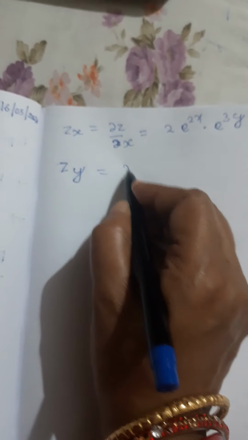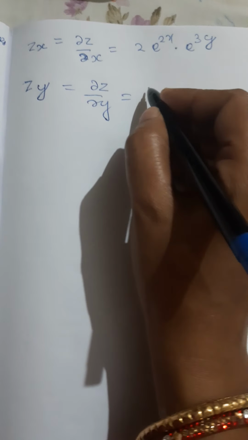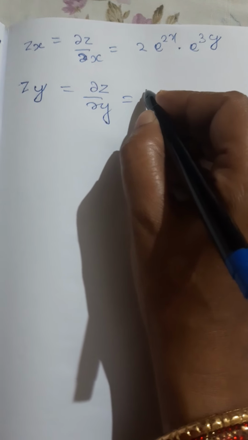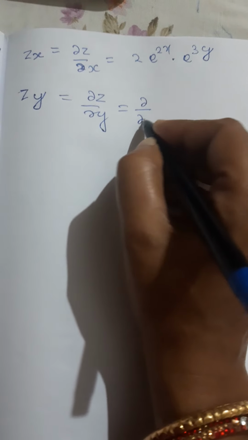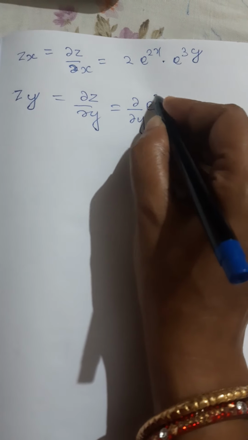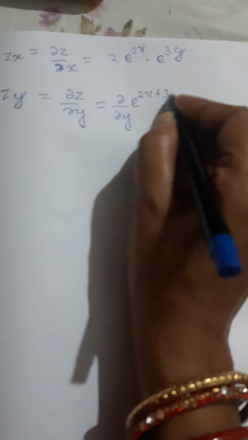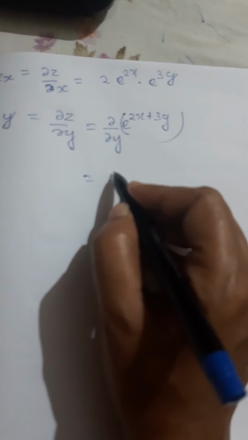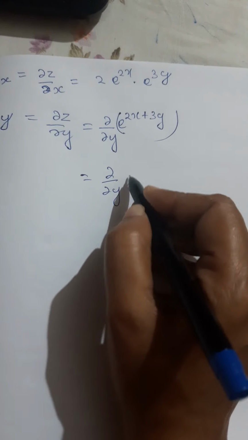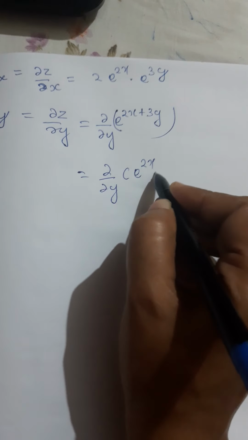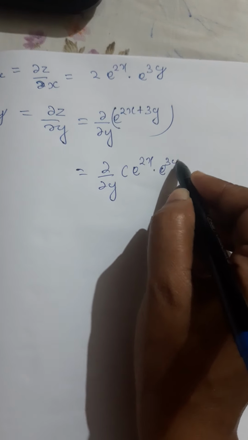Then your zy, that means del z by del y, the partial derivative with respect to y. So your function is e to the power 2x plus 3y. Again, write this as e to the power 2x into e to the power 3y.